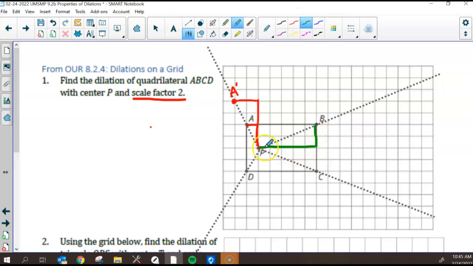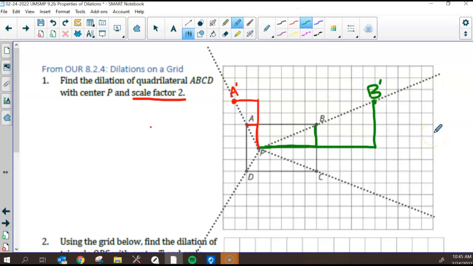That's going to be 5 times 2 is 10. So that's 5, 6, 7, 8, 9, 10. And it was just 2 up, 2 times 2 is 4, so now it's going to be up 4. Have we found B prime now? Yep. And just like we said it would, it landed right there on that line. There's the B prime.